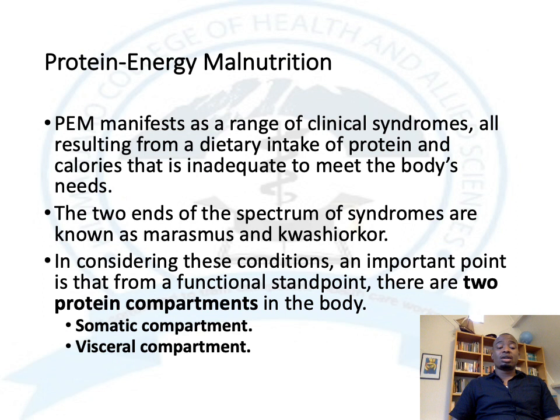The two ends of the spectrum of syndromes are known as marasmus and kwashiorkor. Marasmus is mostly caused by inadequate calories, and kwashiorkor is mostly caused by inadequate proteins. An important point needs to be considered here. We have two protein compartments, the somatic compartment and the visceral compartment.